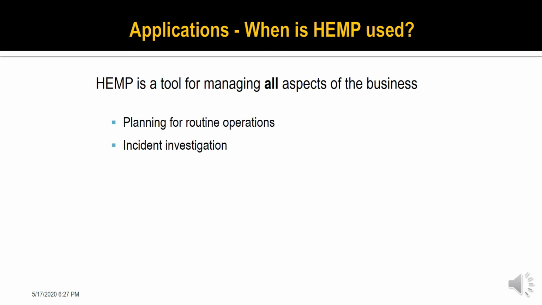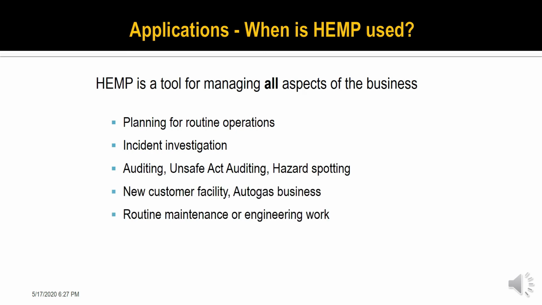Incident investigation, to identify whether the risk has been properly controlled or not. Then auditing, unsafe act auditing, hazard spotting, you can use HEMP. And also a new customer facility, like purchasing an auto gas business, or routine maintenance or engineering work, you can still use a HEMP.